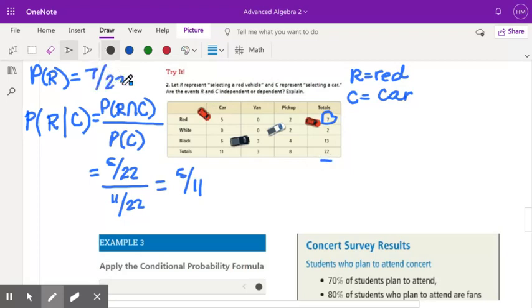There we go. Now, if I want to see if these two events are independent, is the probability of a red, 7 over 22, the same as the probability of a red vehicle given that I know it's a car, 5 out of 11? Now, those may be close, but they're not the same. So no, these are dependent.